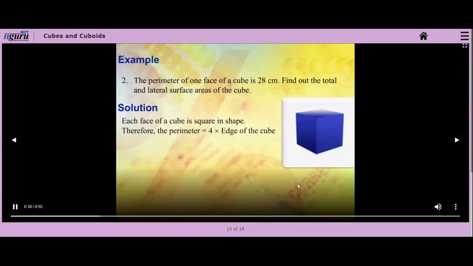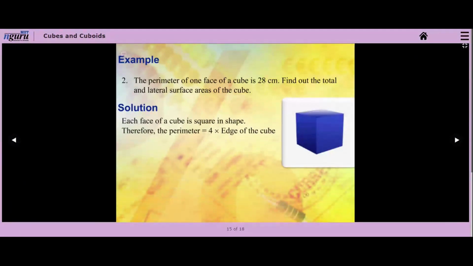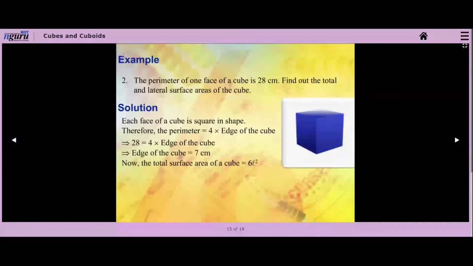The base of a cube is square in shape. Therefore, the perimeter is equal to 4 into the edge of the cube. Substituting the value of the perimeter as 28 centimeters, we get the edge of the cube as 7 centimeters. Now, the total surface area of a cube is 6L square.